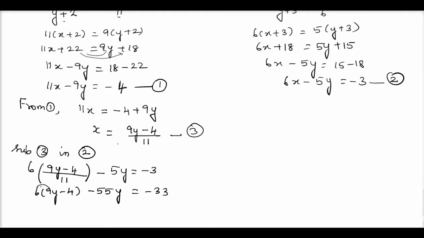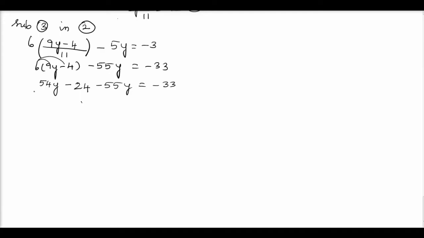Now also we'll multiply the 6 inside, therefore we get 54y minus 24 minus 55y equal minus 33. So here we'll combine the variables and then the constants. Okay, so when we combine the variables, it's minus y equal minus 33 plus 24.